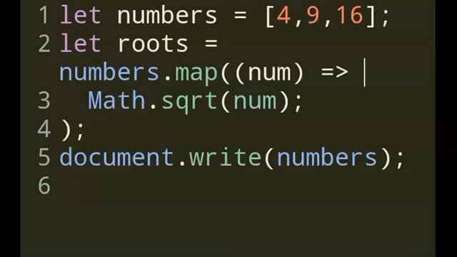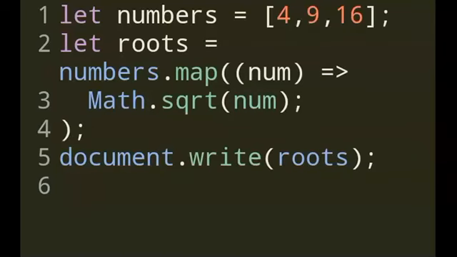num, Math.sqrt num. Here you have to replace with roots. So numbers.map num Math.sqrt num. Oh, sorry, I forgot this. No need for this.